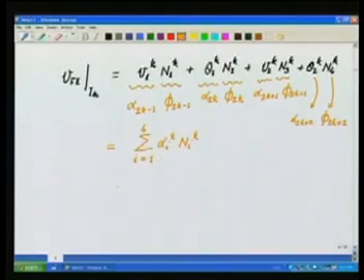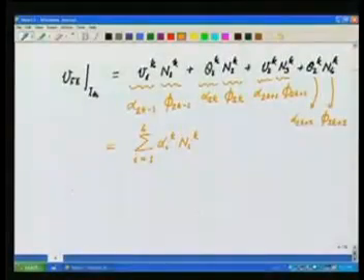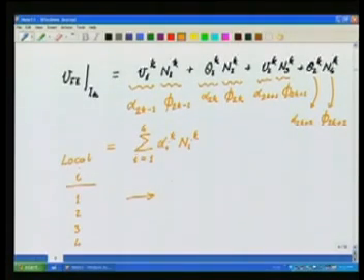What kind of local to global correspondence do we have? Here if you look at it, if I write i as 1, 2, 3, 4, this is local, and this corresponds to global.